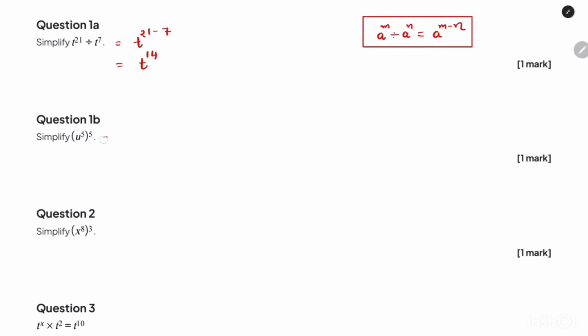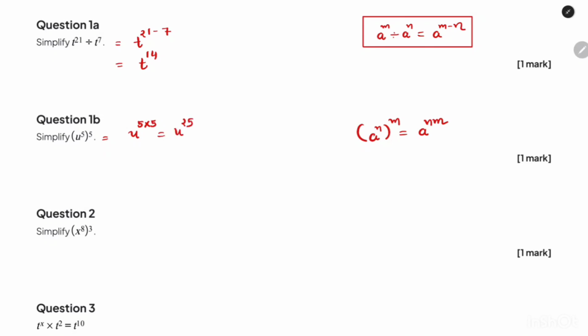Similarly, in the B part there is u raised to 5 to the power 5, and we have the identity that a raised to n to the power m is always a to the power n times m. So the powers will be multiplied. So this will be u raised to 5 times 5, which is u raised to 25.